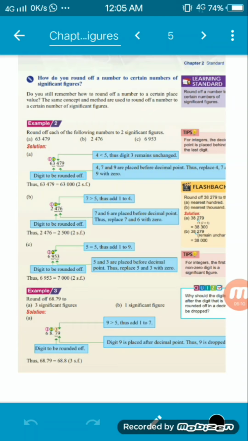Okay. For example, round off each of the following numbers to 2 significant figures. Question 8, 63479.